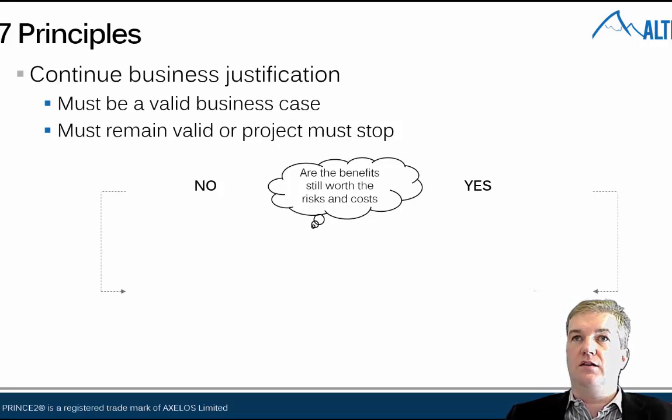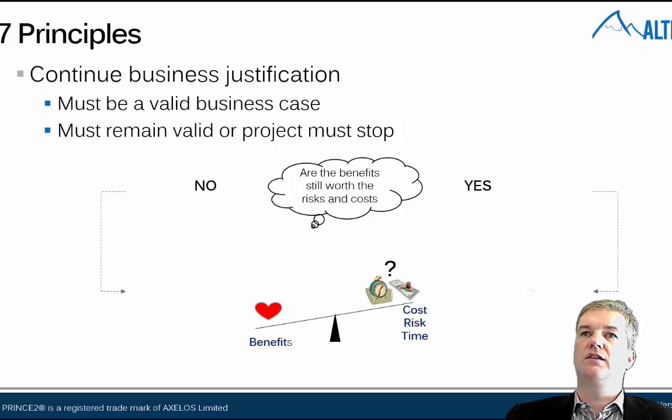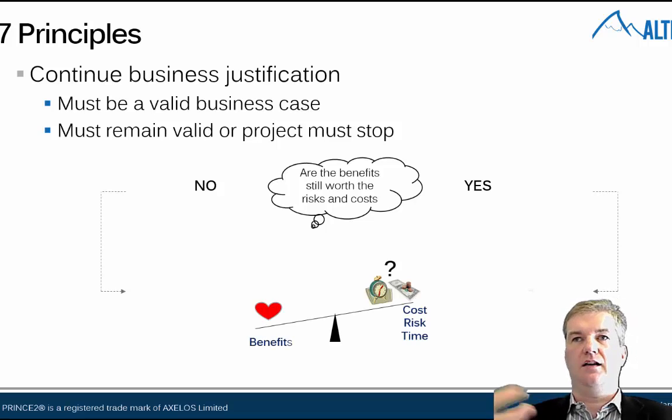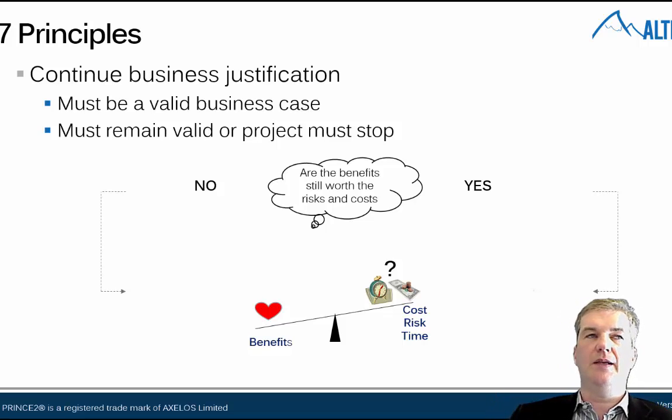Because as we know, with uncertainty, we might realize there have been additional costs within it, or we might realize that the benefits that we thought we were going to get from it are no longer there, or they're not valid, a new technology has outstripped it, or we're just not going to get there. So it's continually looking at that, saying, yeah, the costs, the risks, and the timescales, is that more than the benefits?